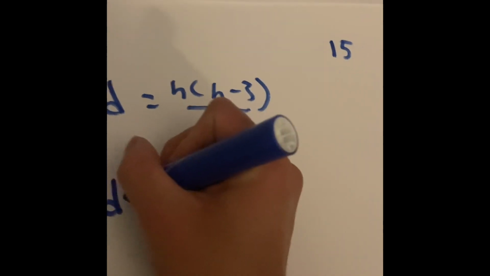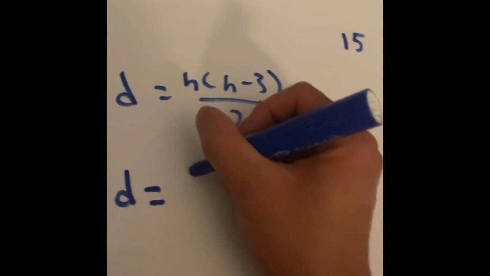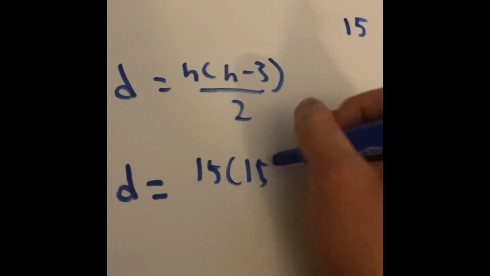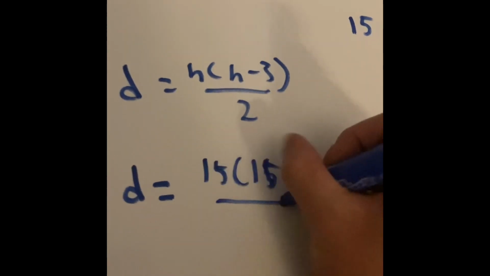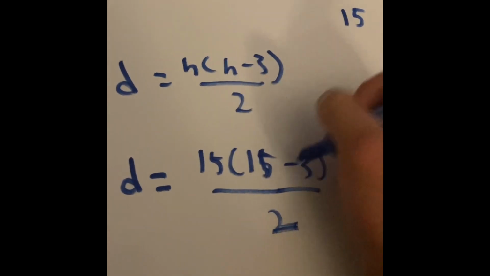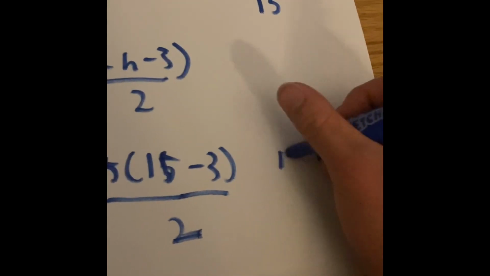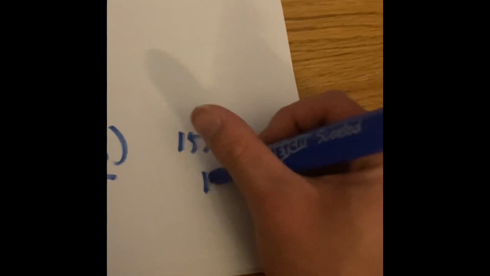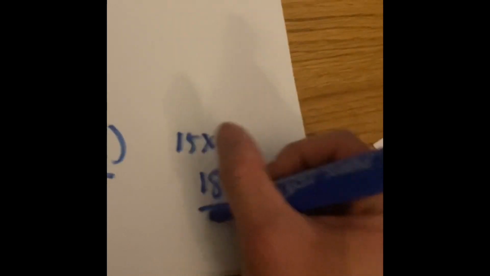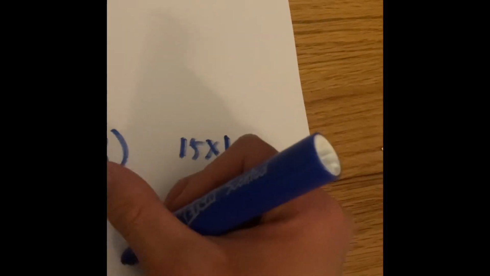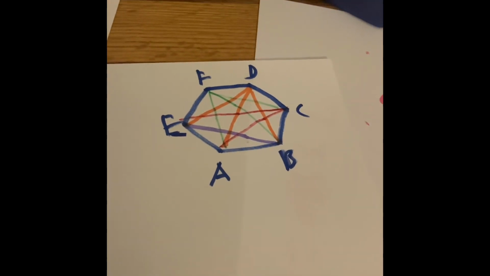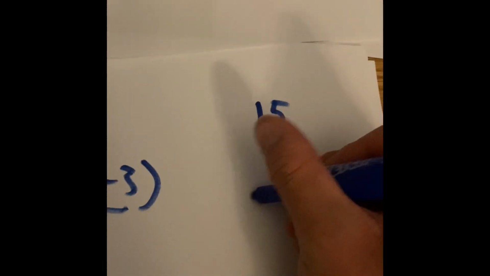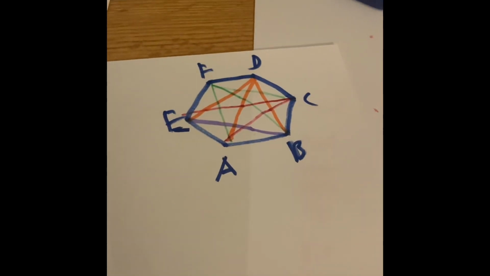The number of diagonals equals 15 times 15 minus 3, divided by 2. 15 minus 3 is 12, times 15 equals 180. 180 divided by 2 is 90. So in a 15-sided shape, if you ever wanted to draw them, I would say break a leg, because it's 90 diagonals. Just imagine how many lines there would be.